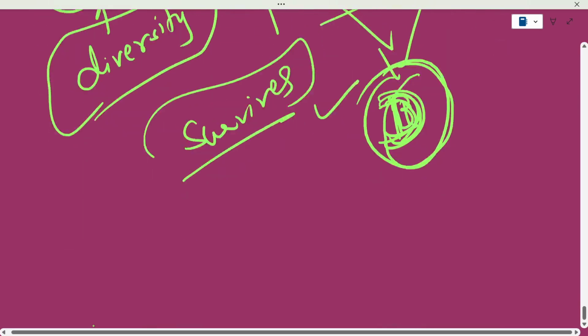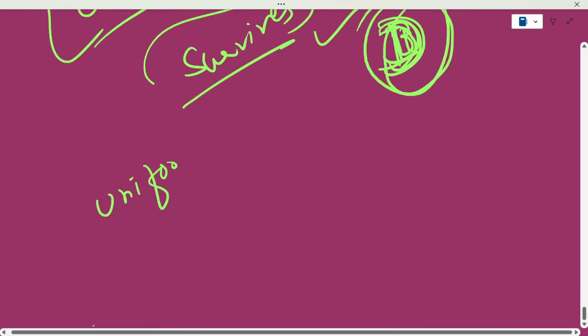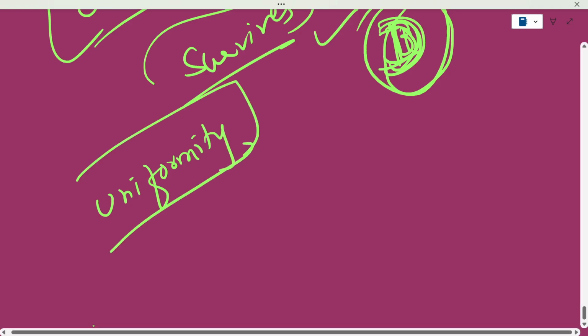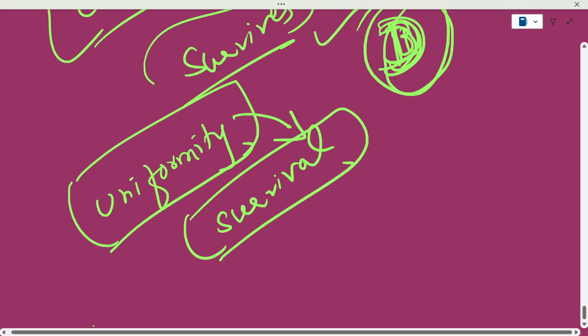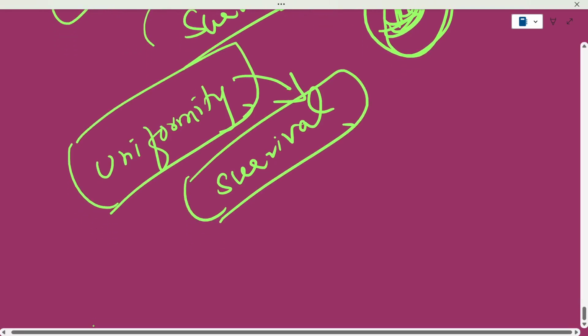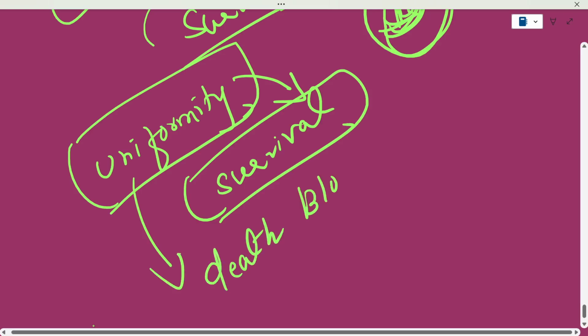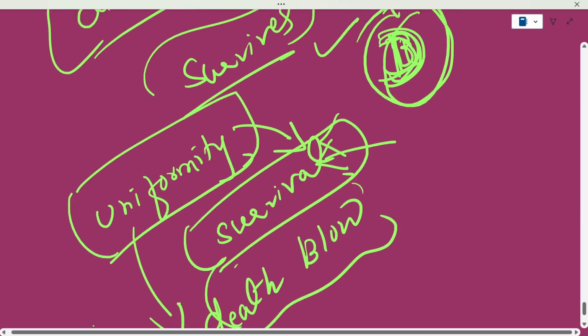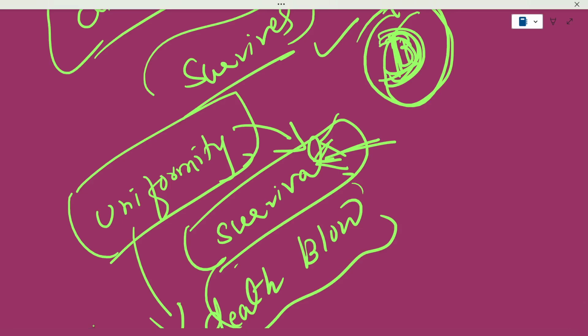As I have said, uniformity is the antithesis, a condition which is not required for survival, because uniformity is like a death blow to life. If all the genes are uniform, then they are not likely to get beyond a certain length of time. Why?